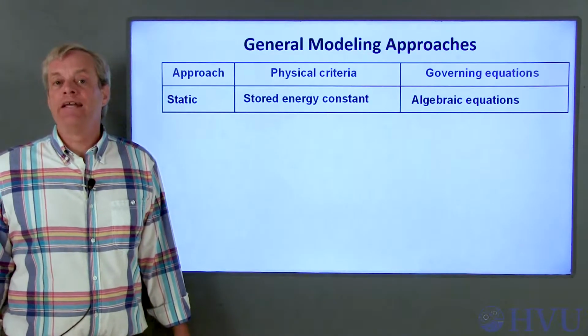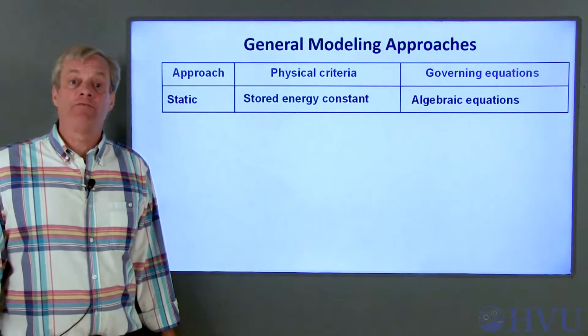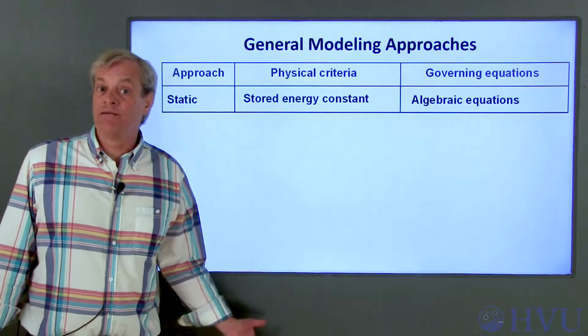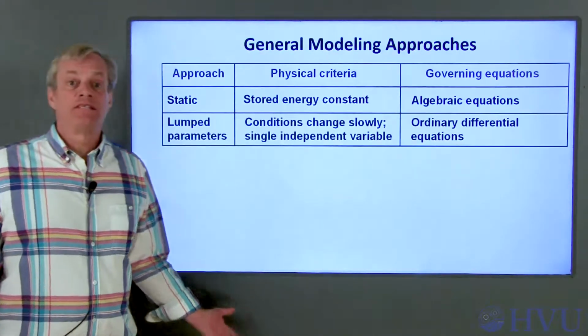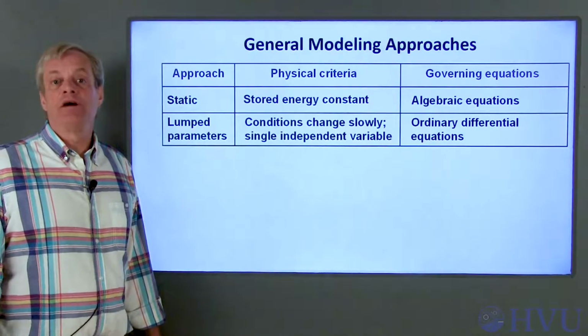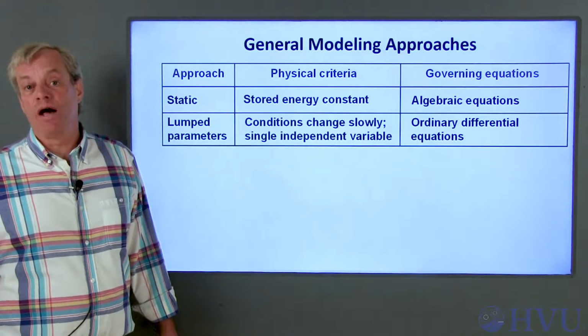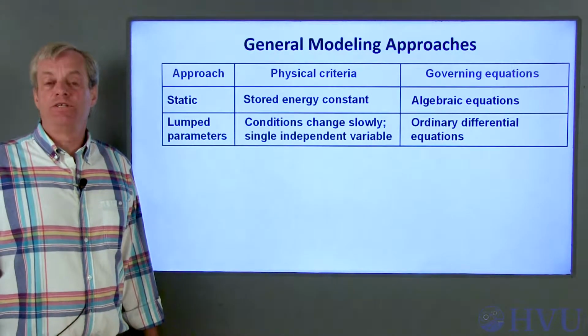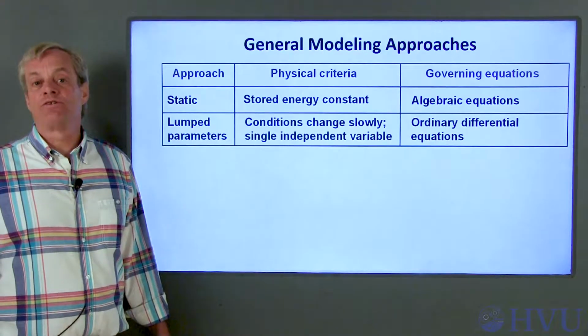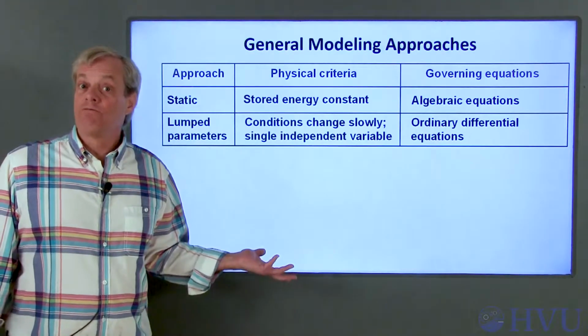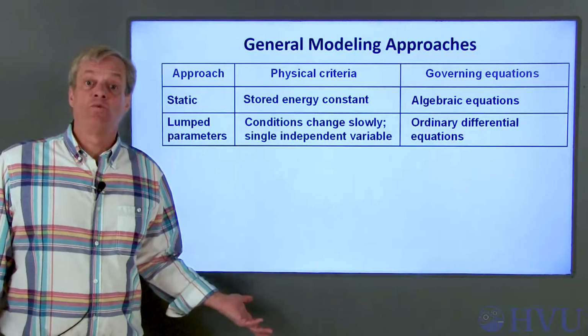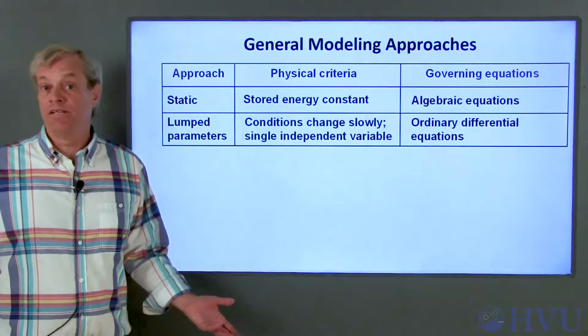There are several varieties of dynamic systems, and the amount of effort required to model and analyze them varies widely. The simplest type of dynamic system model is called a lumped parameters model. In these models, the energy storage elements are concentrated in certain places as lumps. For our car example, we generally don't need to worry about different parts of the car having different velocities.